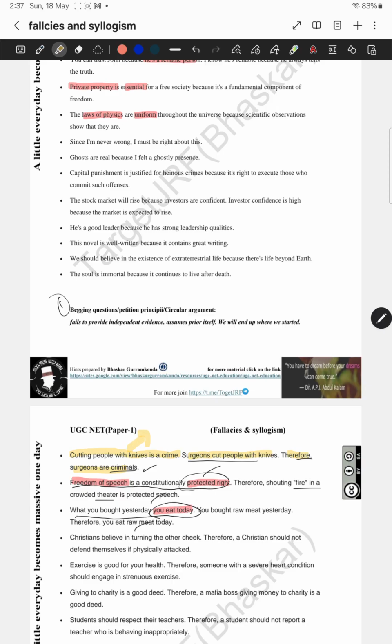So this is a pre-assumption: cutting people with a knife is a crime. This is a universal assumption, a generalization. Then after this generalization, what is happening? Surgeons cut with the knife.